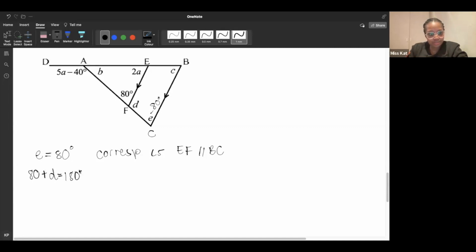Reason being adjacent angles on a straight line. There we go. Adjacent angles on straight lines. So how much is D? D is 100 degrees, ma'am. Thank you very much. Beautiful. You guys are brilliant.